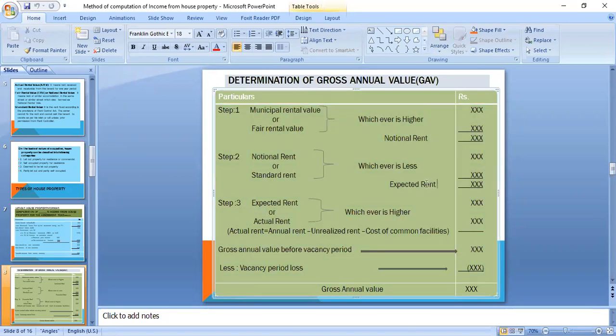So you take that 6,000 here, and what is the actual rent you are receiving? Suppose 8,000. Compare 6,000 and 8,000, whichever is higher becomes your gross annual value. If the actual rent has any unrealized rent or common facilities, you have to deduct them, and if there is a vacancy for a long period, you have to consider that. Otherwise, if you follow these three steps, you get the gross annual value.